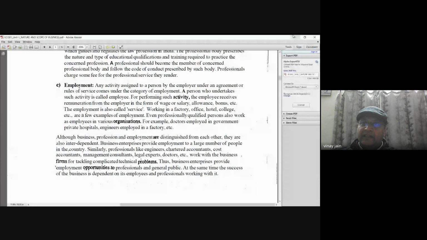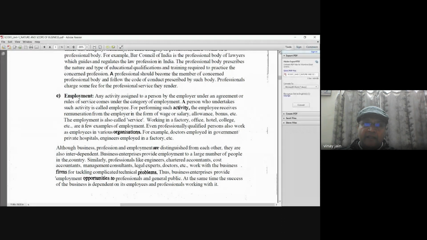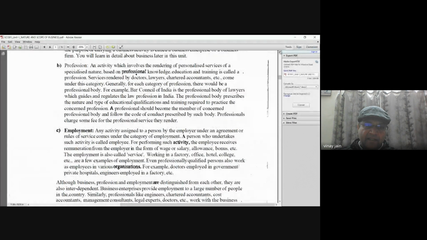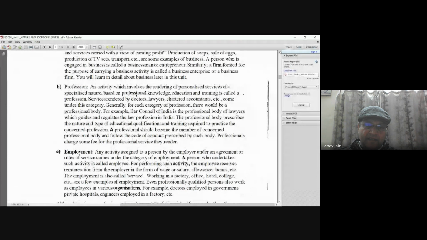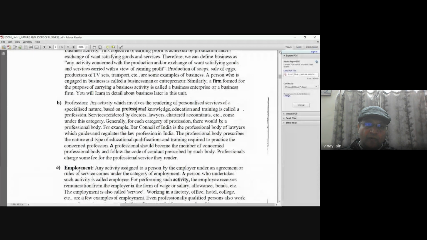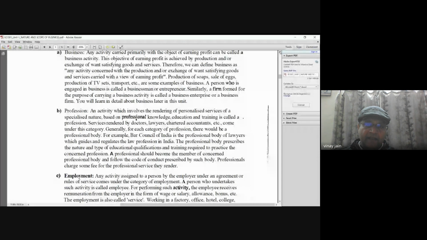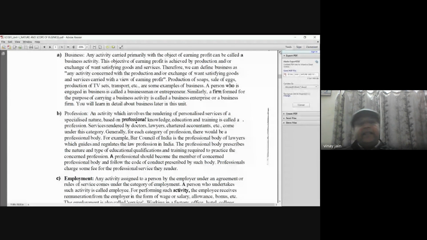Now if we try to distinguish among these three things, get the idea. If you are doing a business, you have the expectation of profit. If you are doing a profession, you have the expectation of fees, because you are using your skill and you need fees.